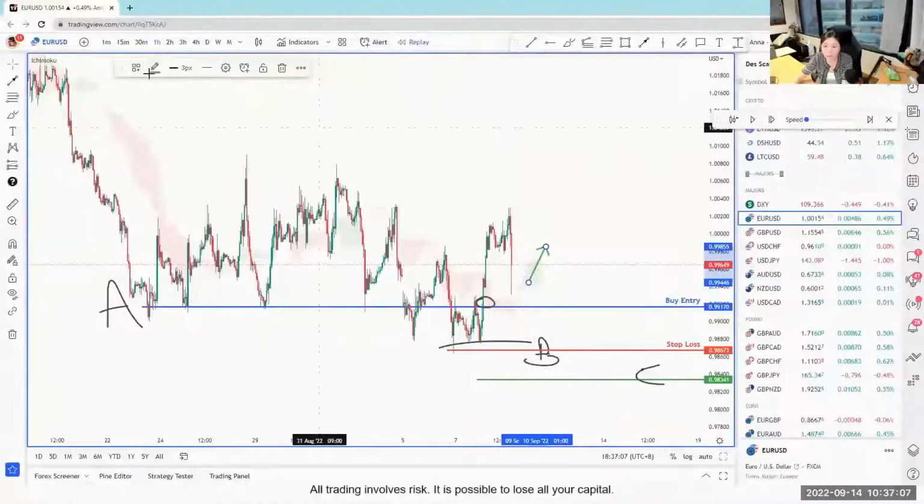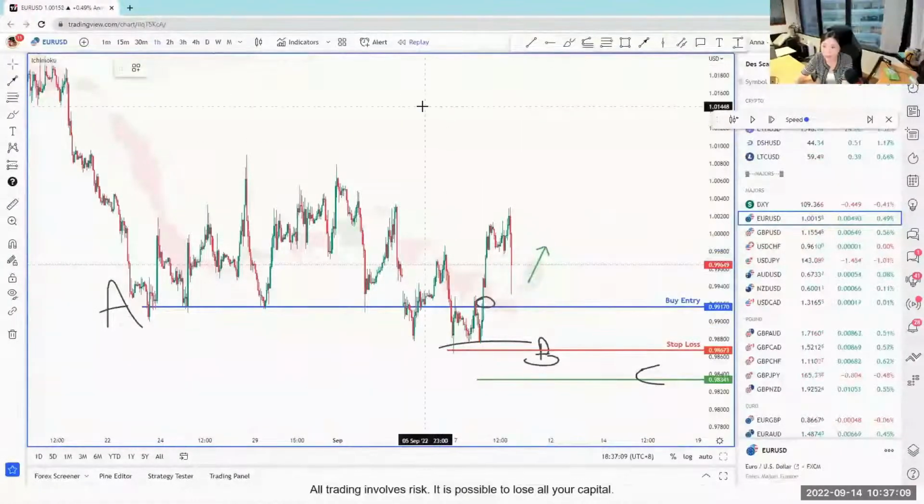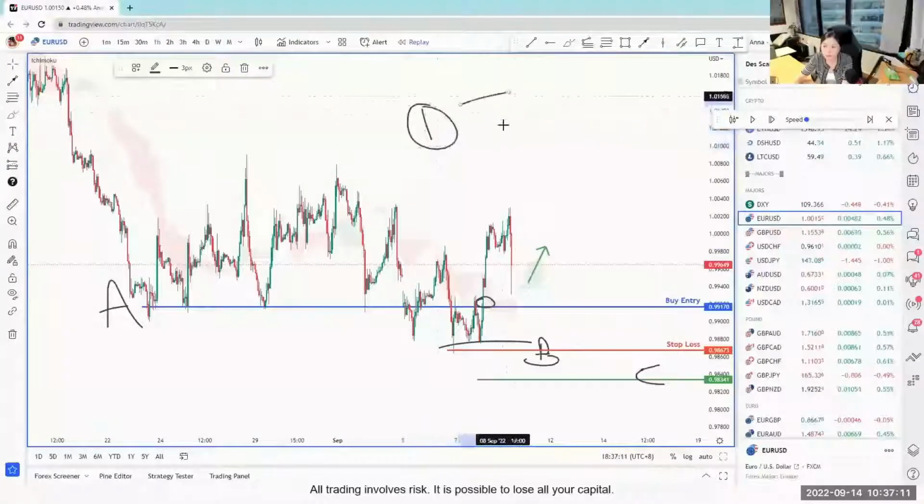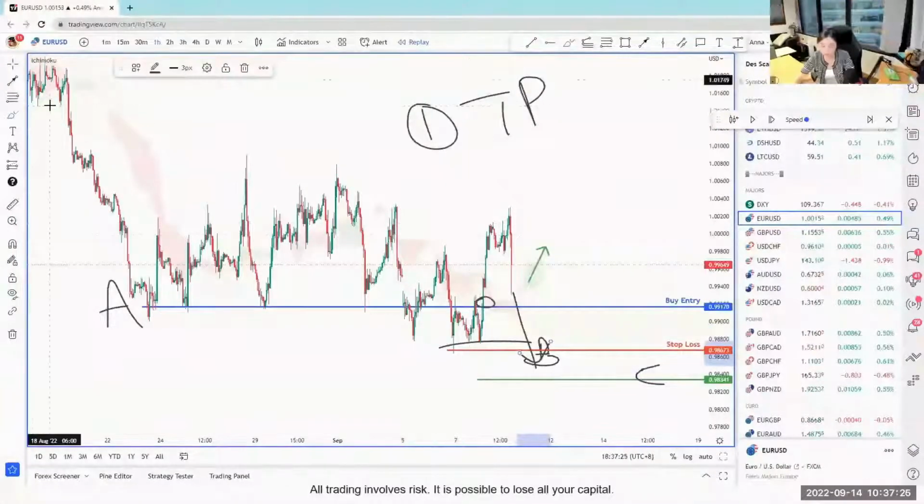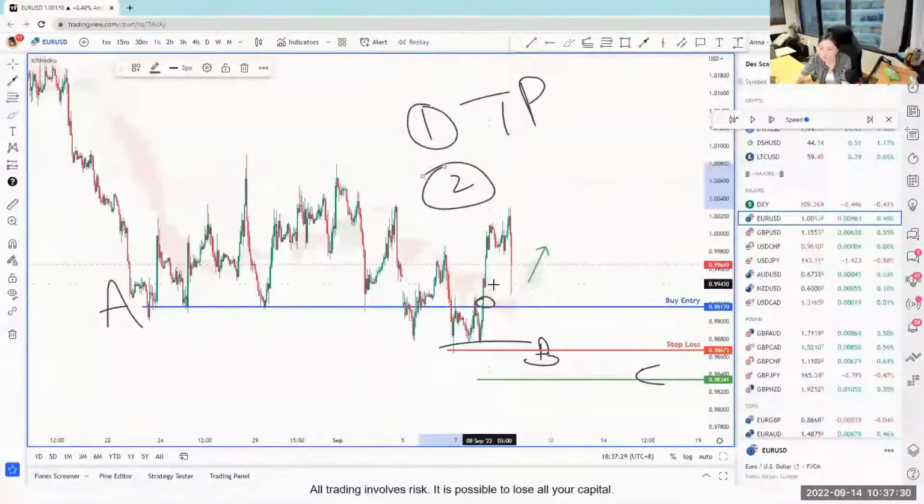So there is a couple of actions that might happen here. One, I take profit. Right here, I already probably gain a couple of pips. I just want to take my money and go in case the price actually comes back and touches my stop loss. So I could actually take profit.